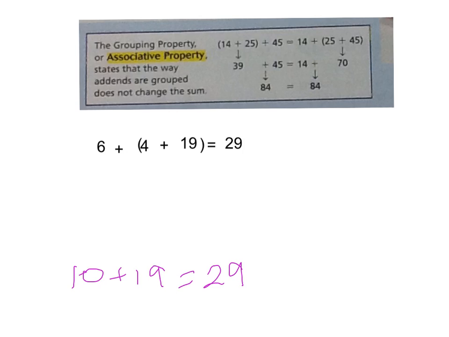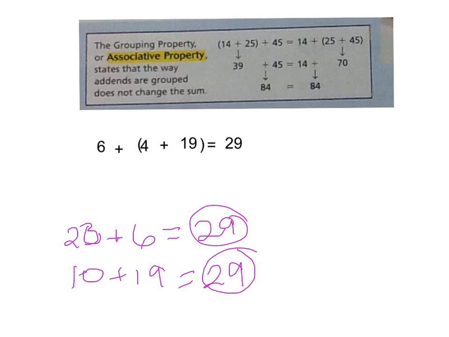If I had added the 4 plus the 19 first, I would have gotten 23. Better be able to write my threes, right? 23 plus 6 equals 29. Still going to get the same sum.